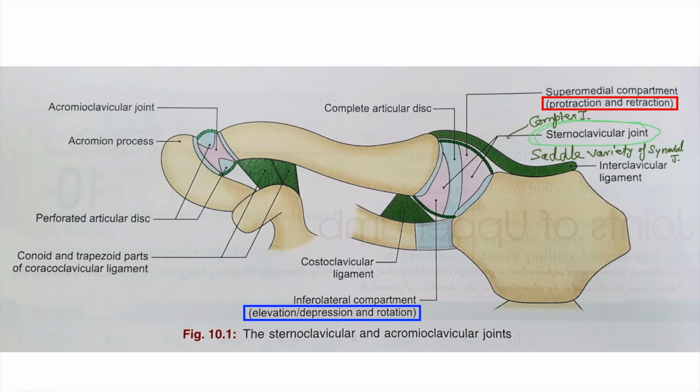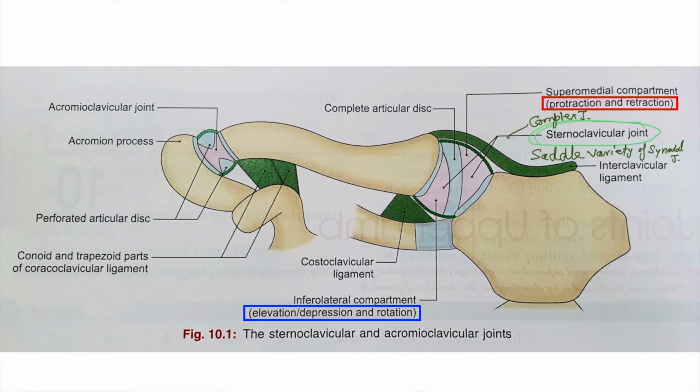And apart from elevation and depression, there is also a twisting movement possible here. Like when you are bowling in cricket, that means circumduction movements at the shoulder joint. So there is also a slight rotatory movement possible. Remember that this is a saddle joint. So not only are movements happening in the two directions, vertical axis and transverse axis, apart from that, rotatory movements are also permissible, that's along the longitudinal axis.